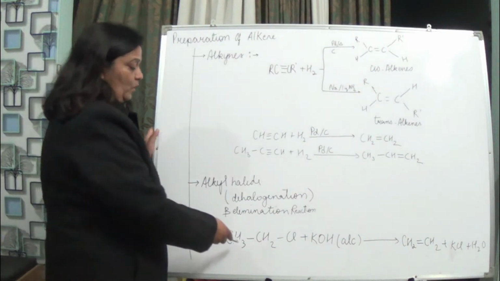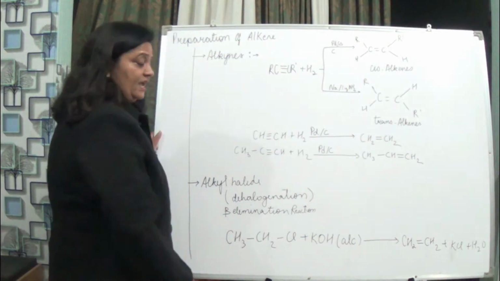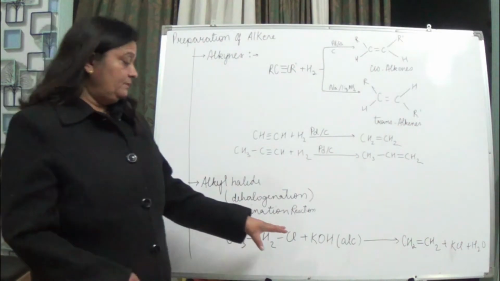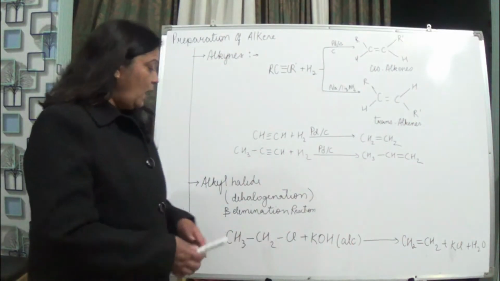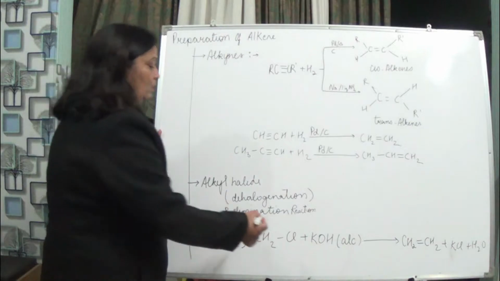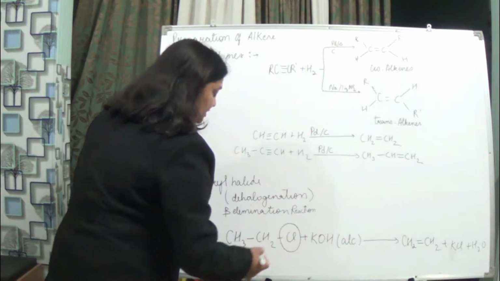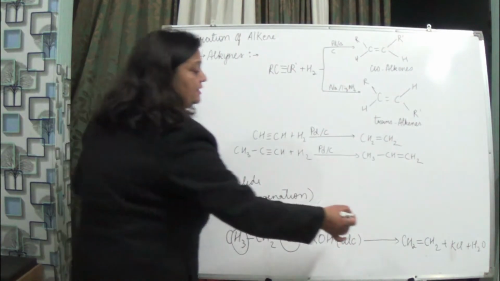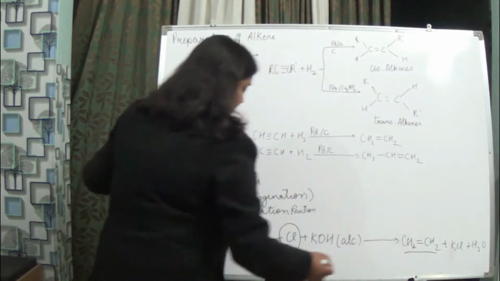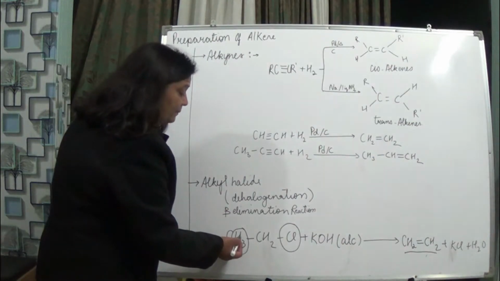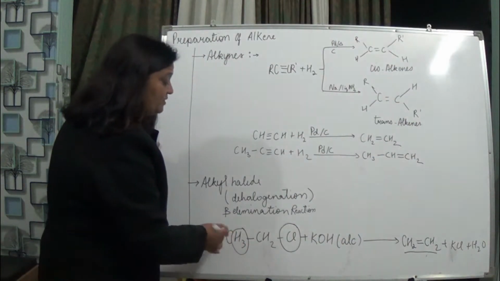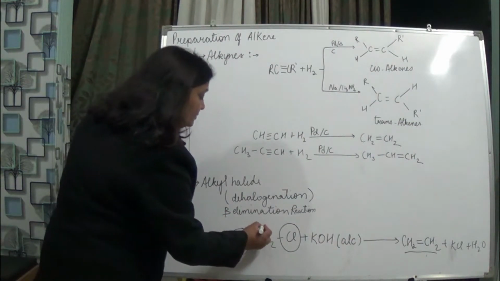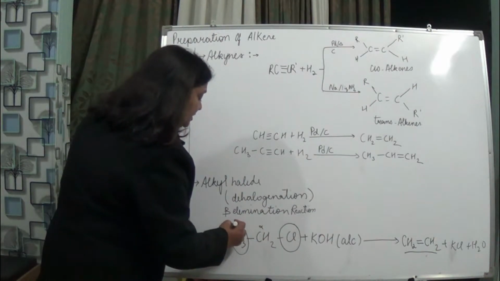Here we have taken ethyl chloride and added alcoholic potassium hydroxide to it. Now what happens? This chlorine is removed, and one hydrogen is removed from here, thereby forming ethene. One hydrogen from the beta position, this is the alpha position, this is the beta position, isn't it?